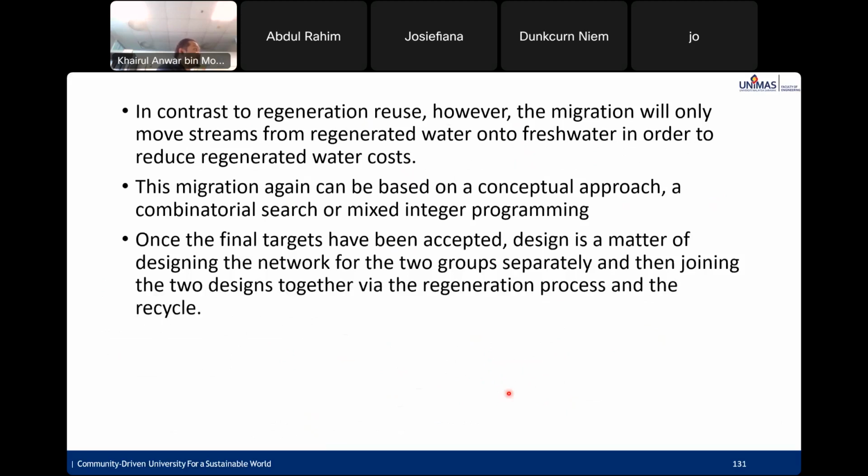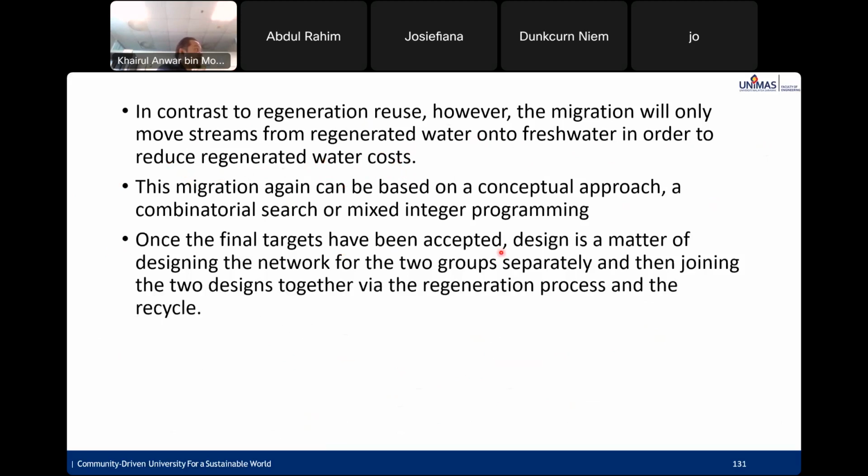In contrast to regeneration reuse, however, the migration will only move streams from regenerated water into fresh water in order to reduce regenerated water costs. This migration can be based on a conceptual approach, or mixed integer programming.